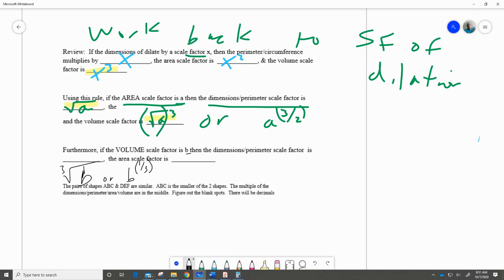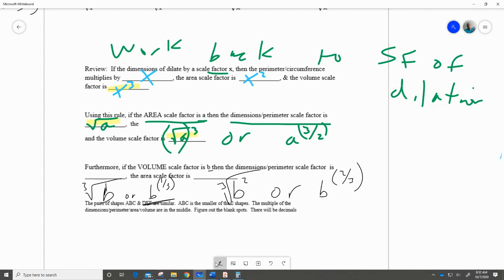With that, the area scale factor is going to be whatever the original scale factor was, squared. So that would end up being the cube root of B squared, or we can call it B to the 2/3 power.